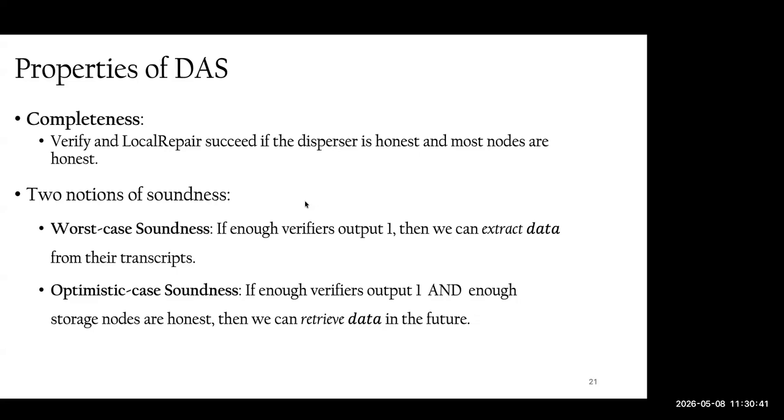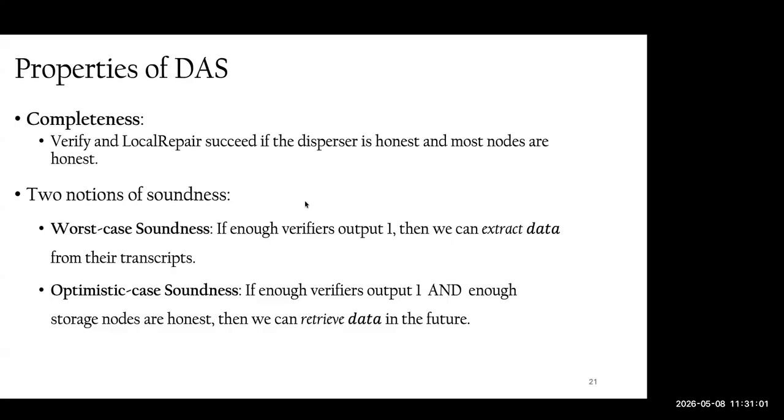The second guarantee is optimistic case soundness. This is more related to retrieval in the future. The key thing to observe is that if everybody was corrupt, then you cannot expect to be able to retrieve in the future, because the corrupt nodes are not storing anything. They just reply to you during verify and then shut down.